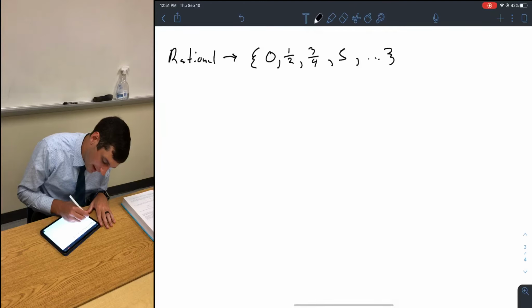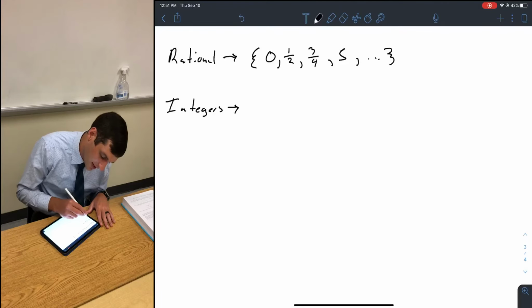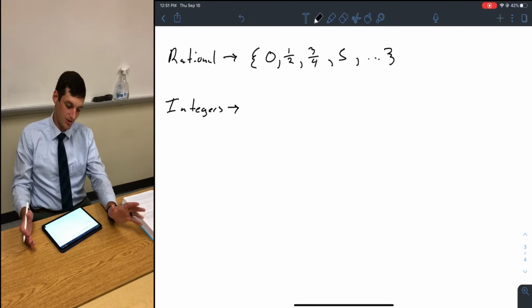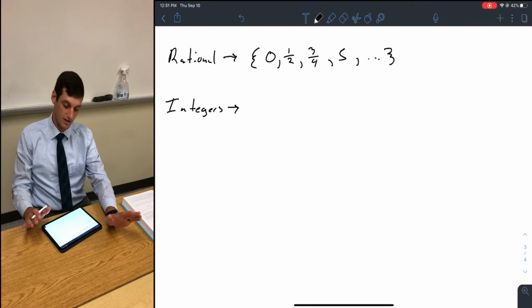Now, if I look at the next one, which is integers. Oh, by the way, the reason why rational numbers are called rational numbers, so we learned about ratios last year in geometry. Rational numbers are any number that can be written as a ratio, so it can be written as a fraction. Any rational number can be written as a fraction.